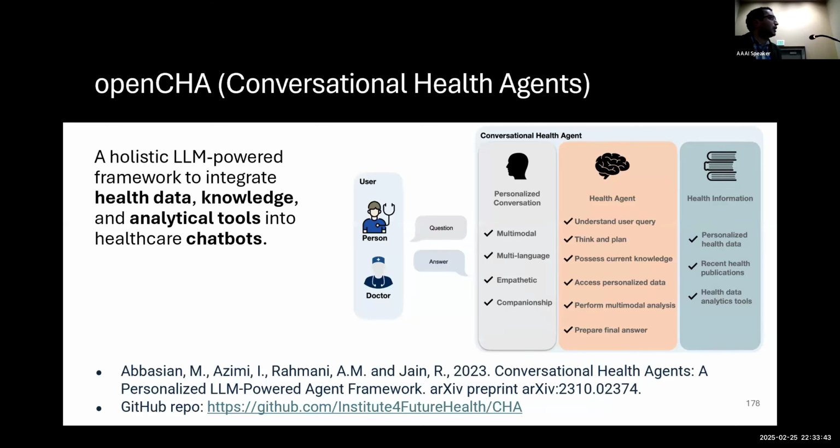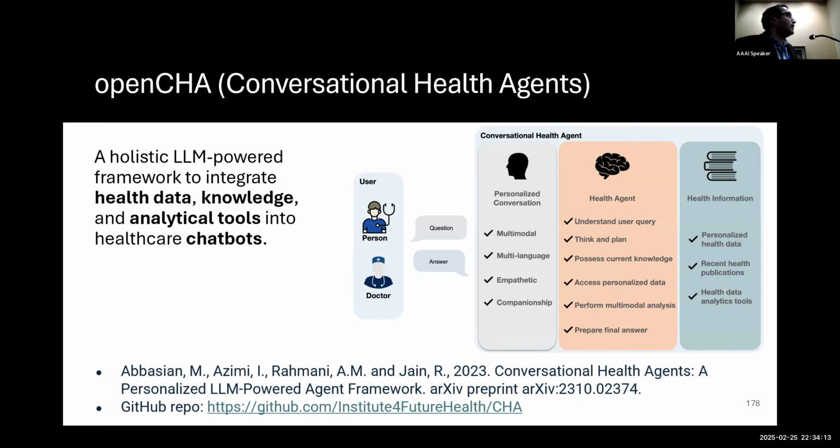So OpenChat is, in fact, conversational health agents, which is a framework to integrate health data, knowledge, and analytic tools into healthcare chatbots. As you can see here, we have users, we have some different components in these chatbots.